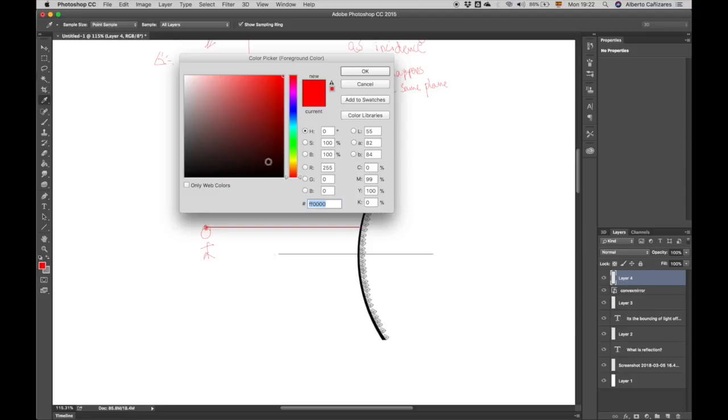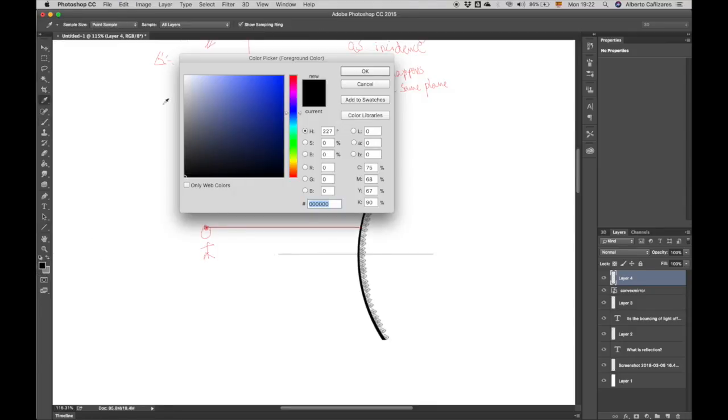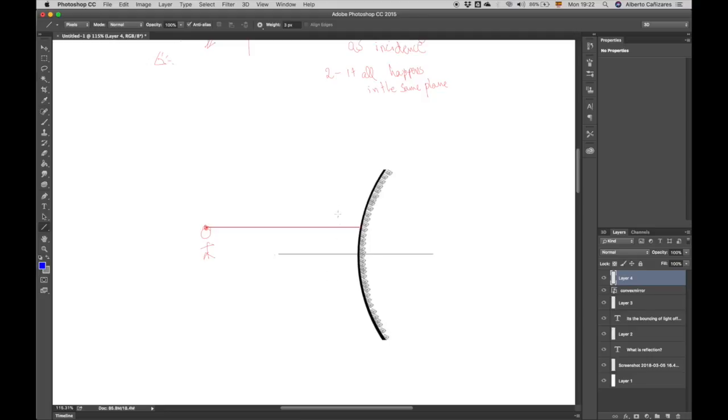So whatever light is coming out at this point, let's call it a tangent, right? At this point, I'm going to draw a tangent in blue. There, right? So if you have a tangent here, the normal to this tangent will be perpendicular, right?